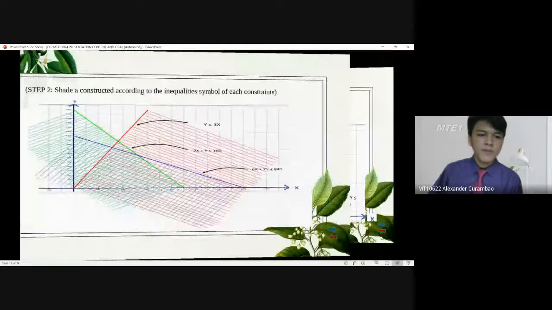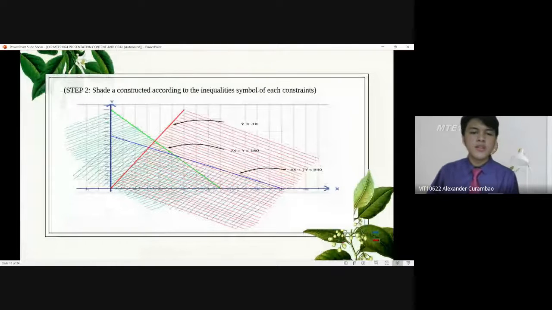Then step two is to shade the constraints according to the inequality symbol of each constraint. If we want to shade the constraints, we need to take a look at the symbol. If the symbol is less than or equal to, or less than only, we need to shade under the straight line.